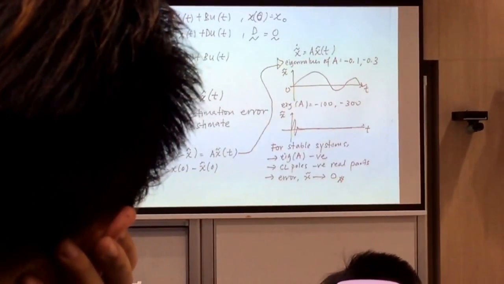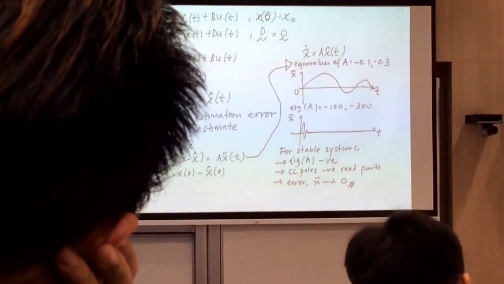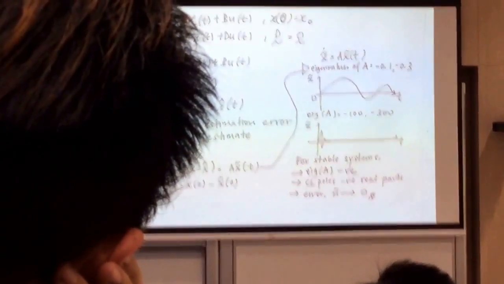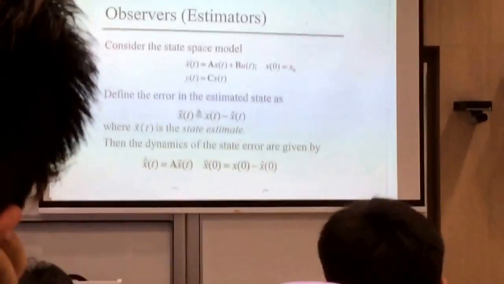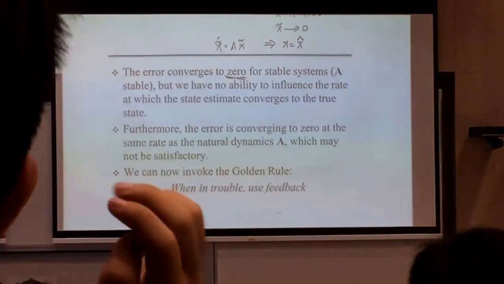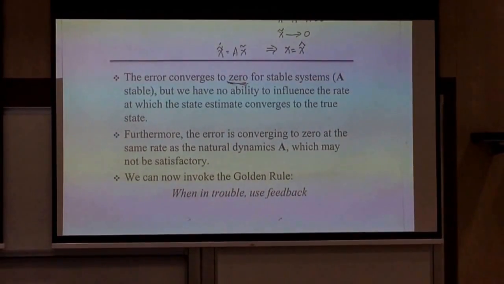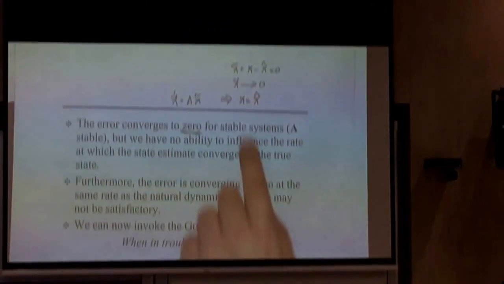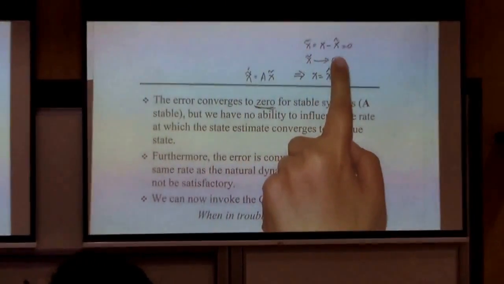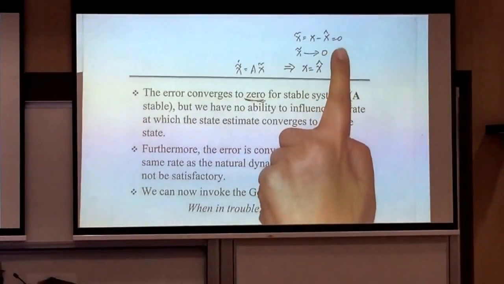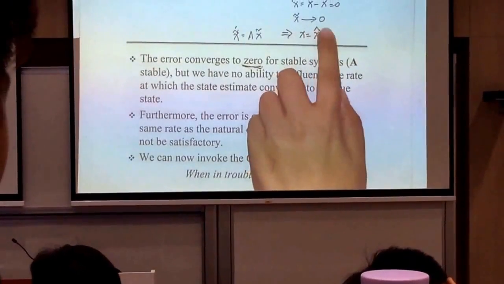So this is whatever you have just copied and understood in the past 10 minutes, this slide and this slide. Let's look at this slide. Basically, the error x tilde is x minus x hat, state minus estimate, and you want it to go to 0.